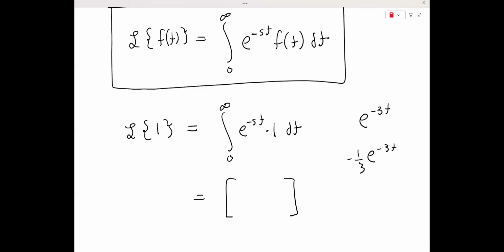So in our case, we get e to the negative st over s, and I can put a negative in front, or over negative s, you could say. That'd be the antiderivative there. But then we have these limits here.